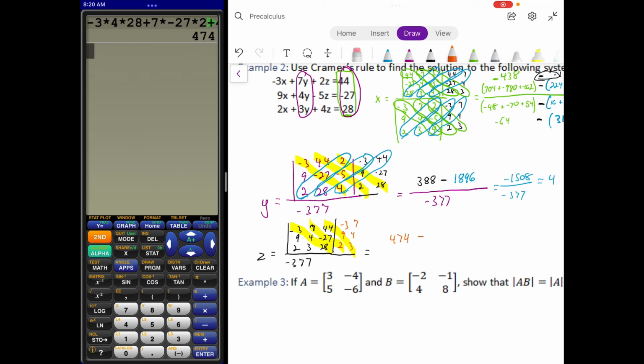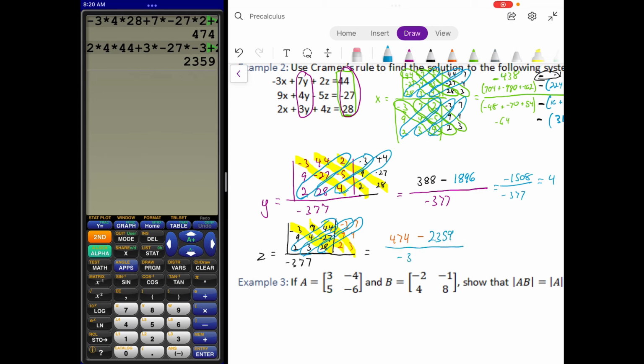Minus, and then we're going to come back the other way. So 2 times 4 times 44 plus 3 times -27 times -3 plus 28 times 9 times 7. That is 2,359.